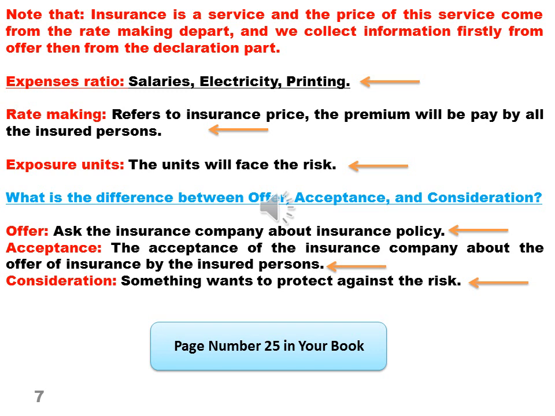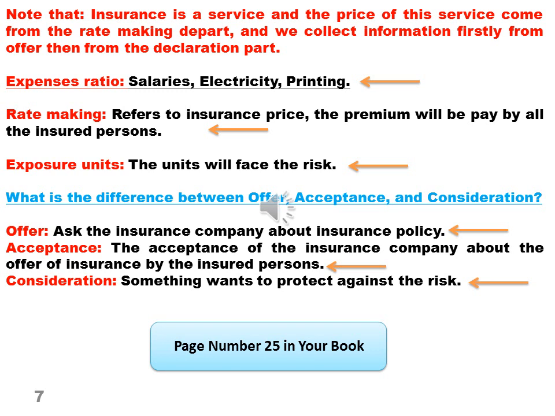The price of insurance is called the premium, because insurance is a service like any service, and we collect information firstly from the offer, then from the declaration part. The information used in the rate making department must be collected from two things: the offer and the declaration part.